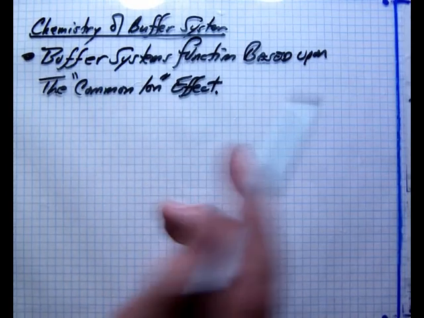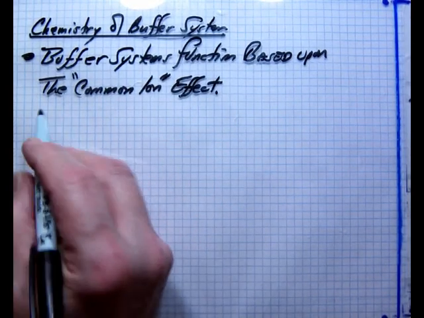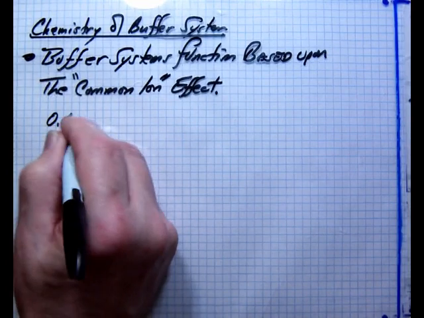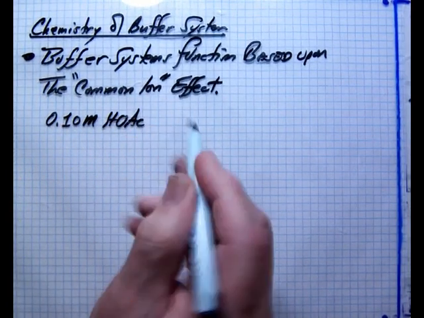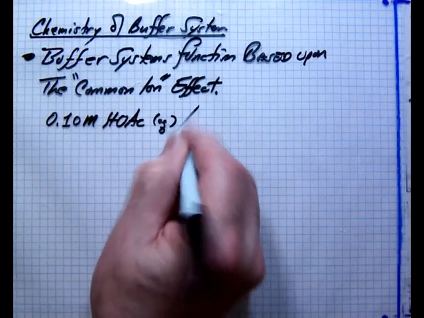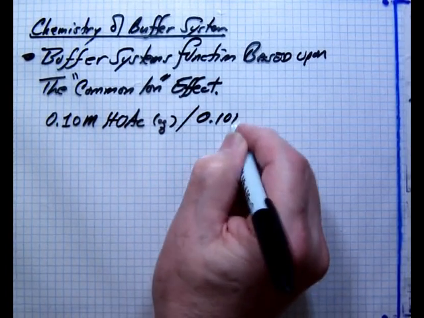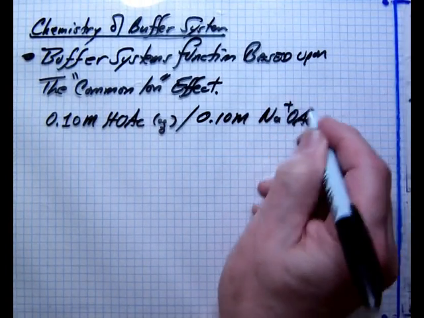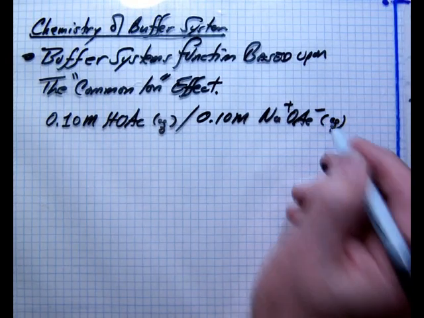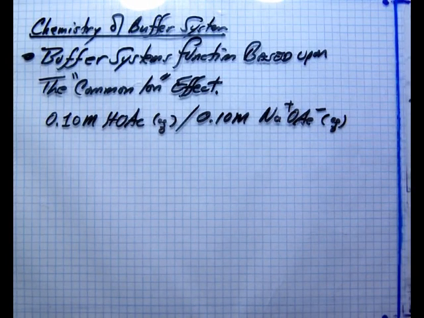Buffer systems are based on what is called the common ion effect. Let's start with a 0.10 molar aqueous acetic acid and a 0.10 molar aqueous sodium acetate as our buffer system.